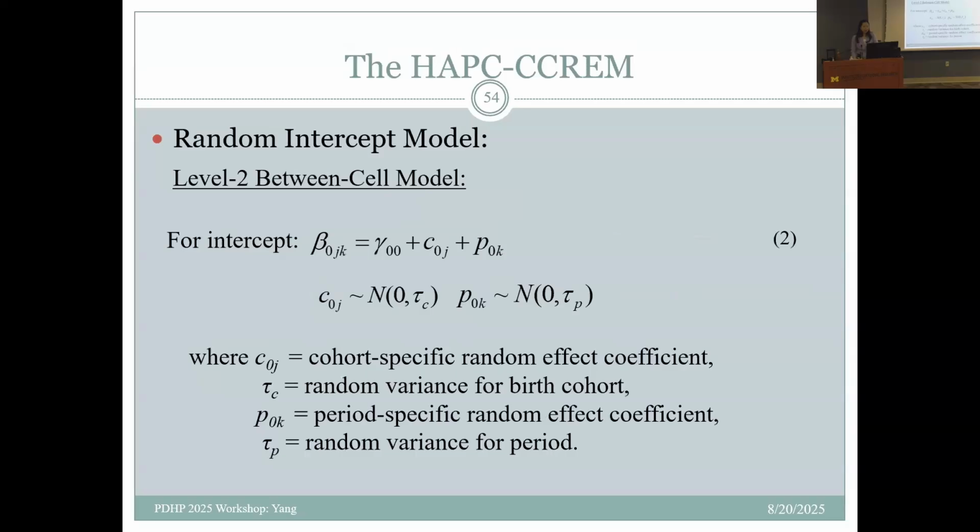Then at level 2, we have the random intercept, which specifies random cohort and period variance around the mean. This is always the first model, to test the multilevel, level 1 and level 2, heterogeneity through the specification of error terms.